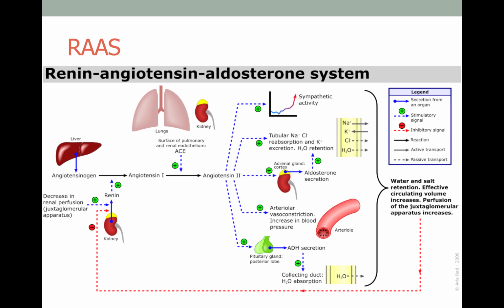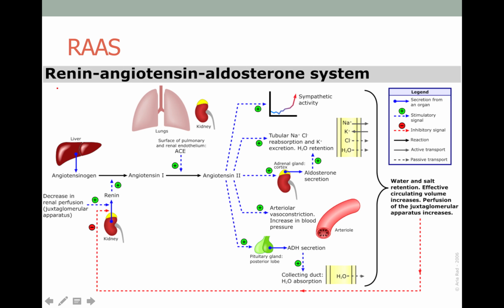Okay, so these hormones are related in the renin-angiotensin-aldosterone system, otherwise known as RAS. I know you can't really see my marker, but in the middle of the screen, we have angiotensin 2, like we talked about first. Angiotensin 2 is going to be created once renin is produced. If you look at the bottom left-hand side of the screen, the kidney is going to release a hormone called renin.